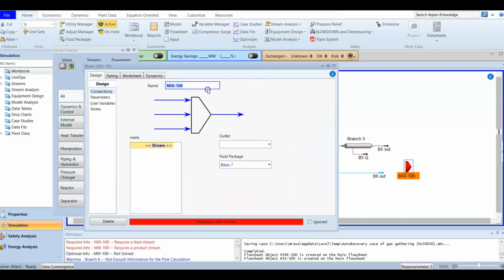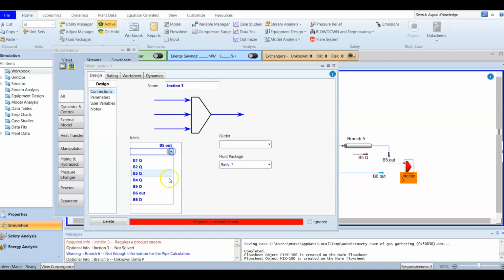Okay, we have junction number 3, and its inlet will be P5 and P6. So make sure that you are choosing the energy, not the Q. And the outlet will be our junction 3 out.